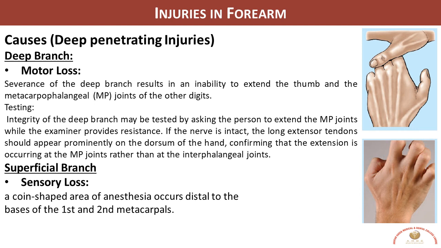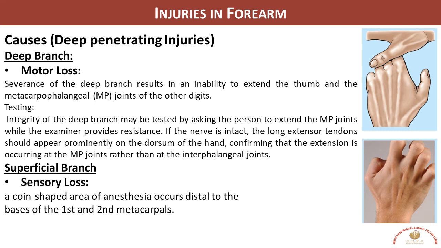So this was the injury to the deep branch, or injury to the deep muscles of the forearm. But whenever there is an injury to the superficial branch, it causes sensory loss. Loss of sensation does not occur with the deep branch because the deep branch of the radial nerve is entirely muscular.